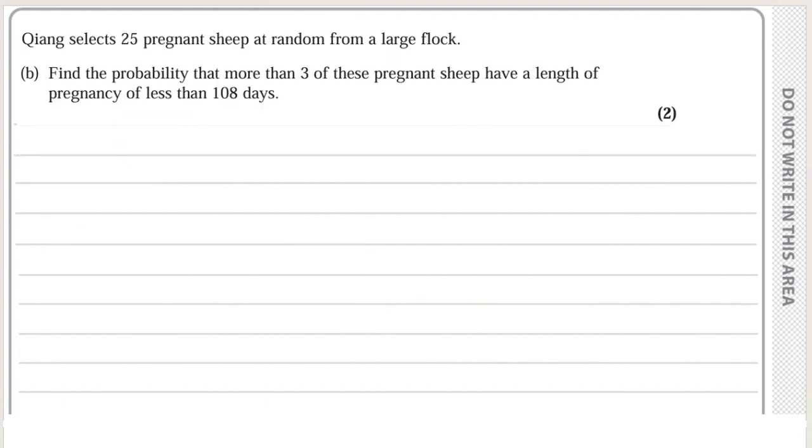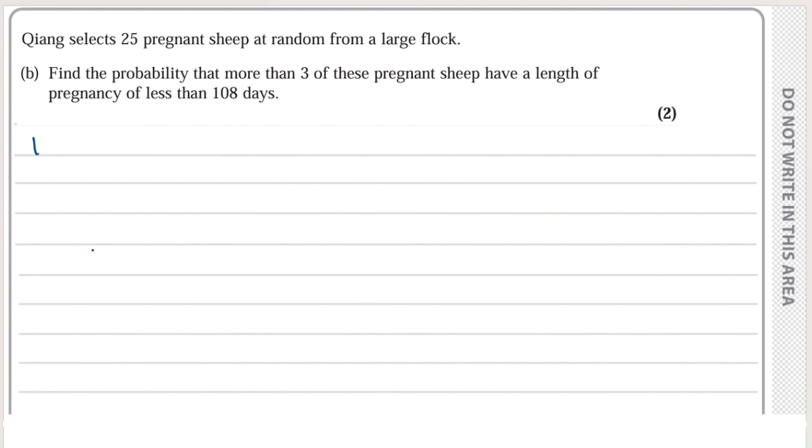Part B. Queen selects 25 pregnant sheep at random from a large flock. Find the probability that more than 3 of these pregnant sheep have a length of pregnancy of less than 108 days. So we define our random variable.